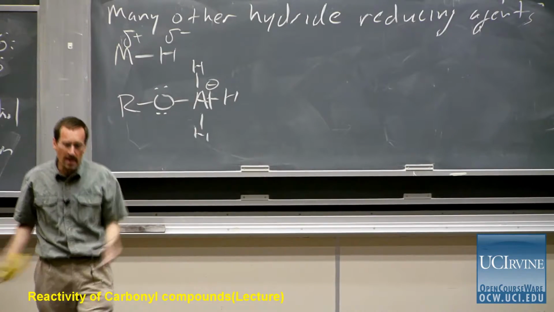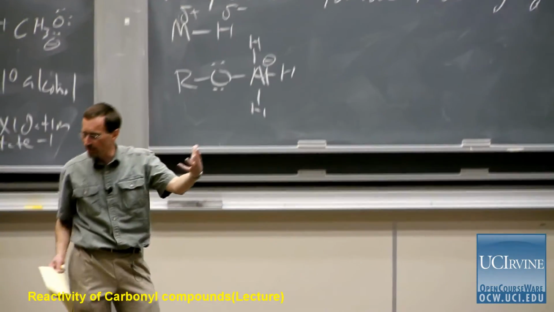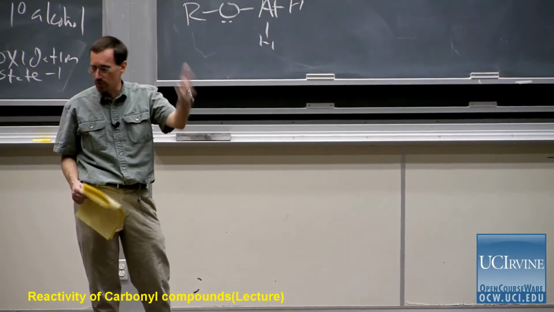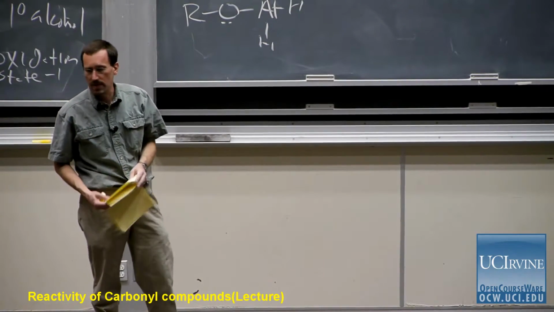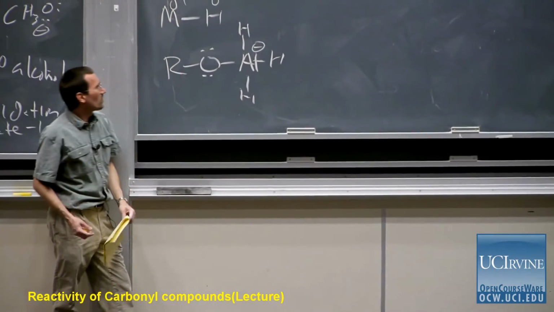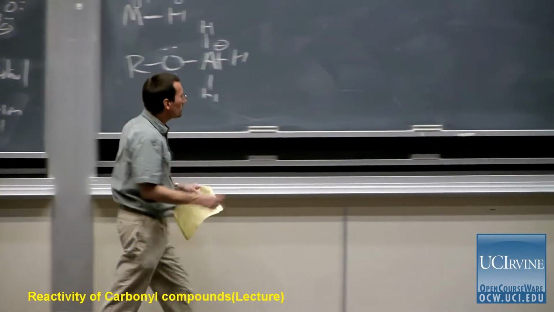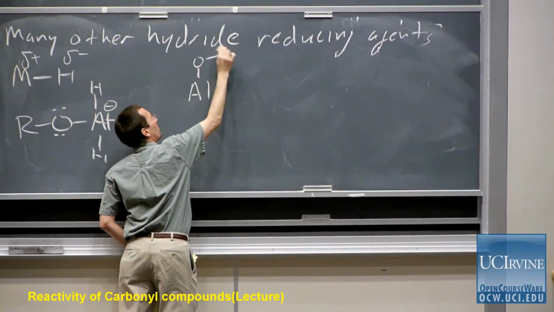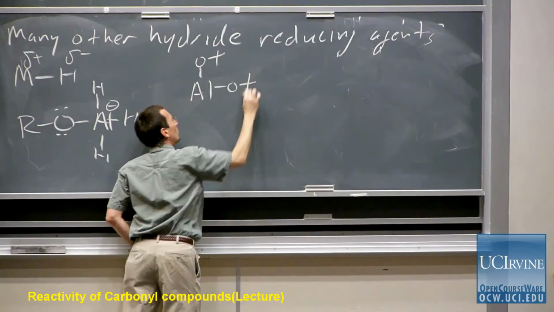That is why you may only use 1 mole of lithium aluminum hydride for several moles, 2 or 3 moles, up to 4 moles, although typically you wouldn't, of your electrophile, your carbonyl compound.